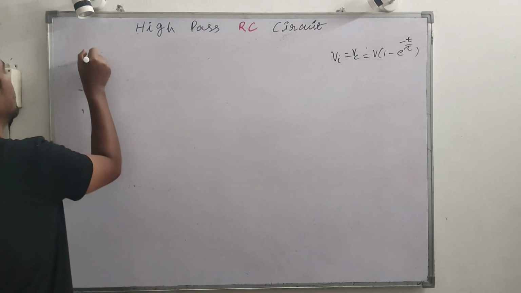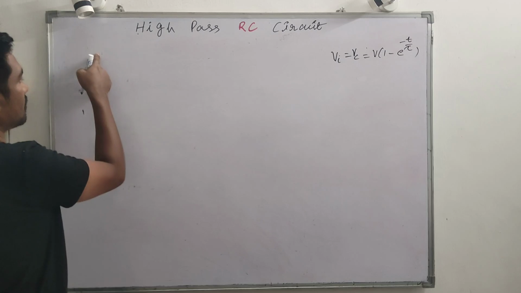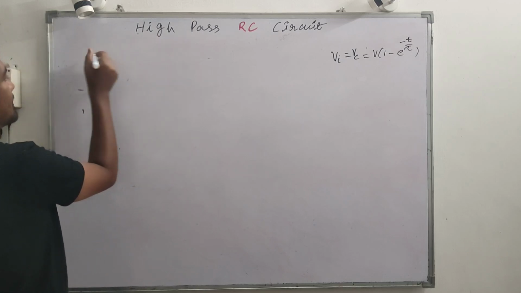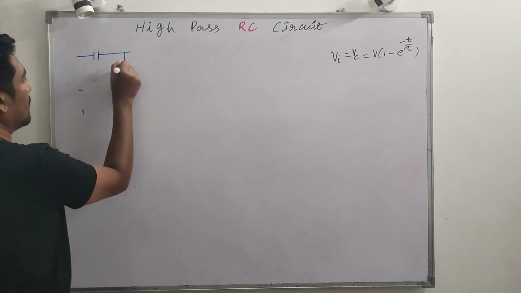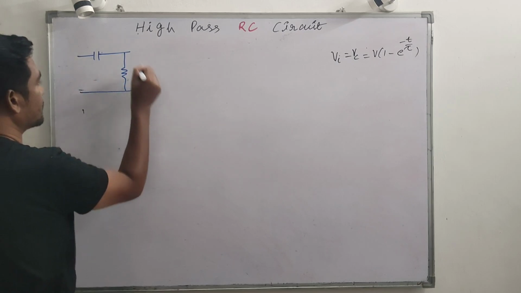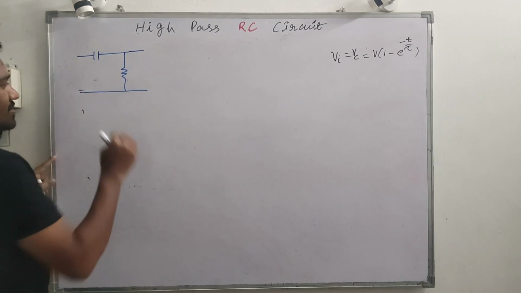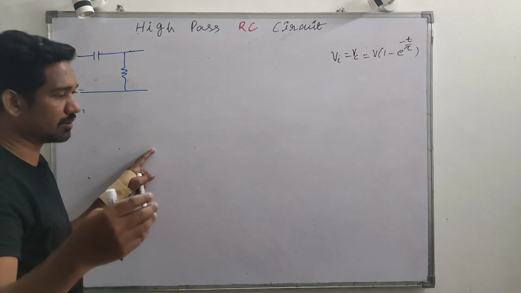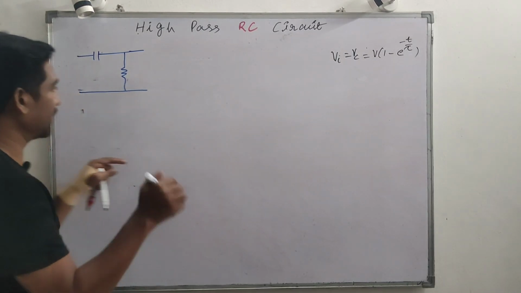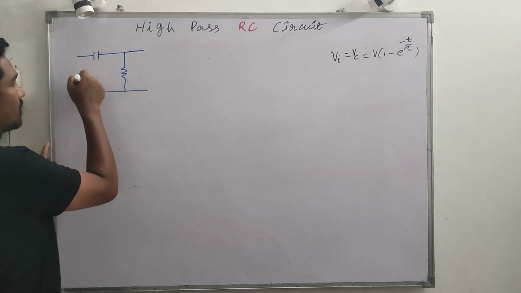Fine. And here a small interchange of capacitor and resistor gives us a high pass RC, in the sense input is given to the capacitor and output is collected across the resistor. Guys, going straight into considering the Laplace circuit in S domain. We have Vi of t, V naught of t.